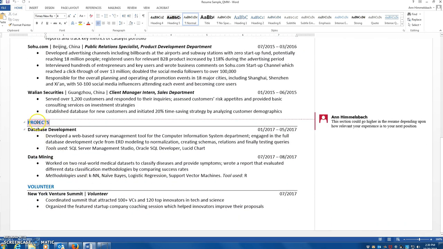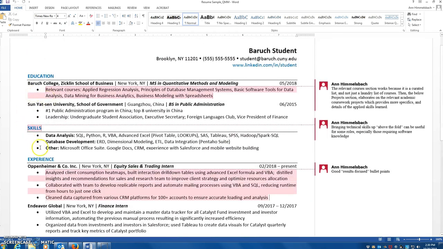And then finally, projects here. Projects could either go down where he has it, or it could go up here underneath the education section. It kind of depends on how relevant your most recent experience is. Experience typically trumps academic experience.